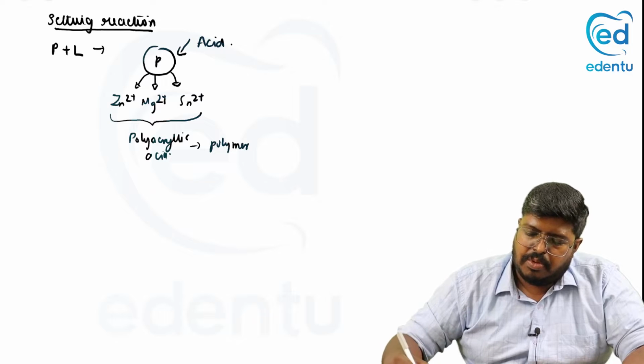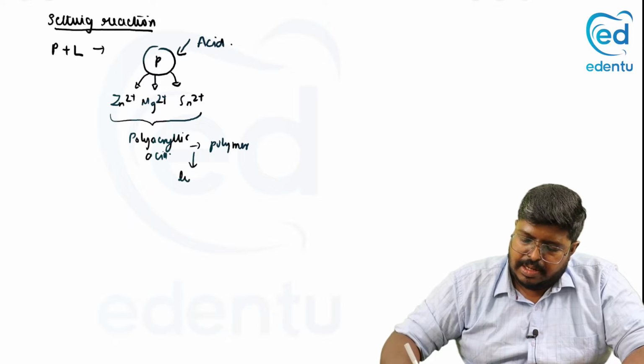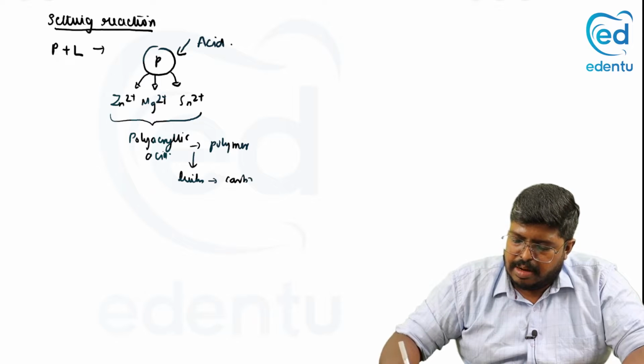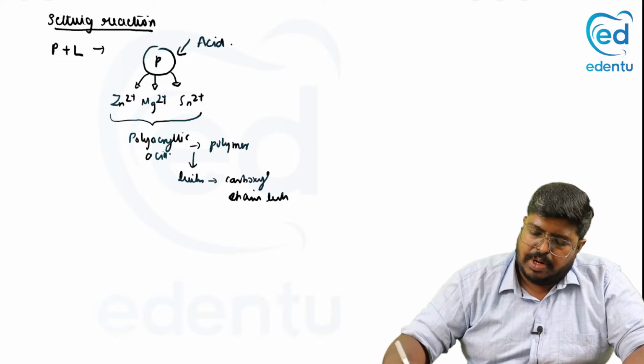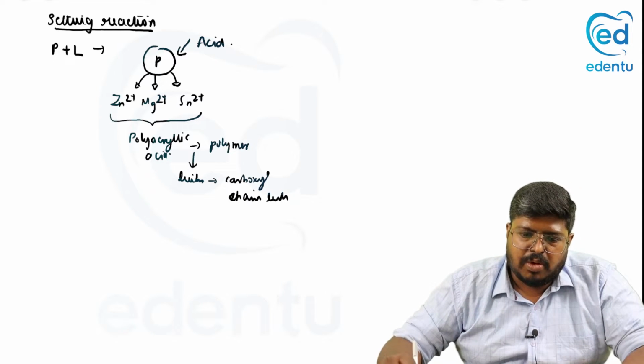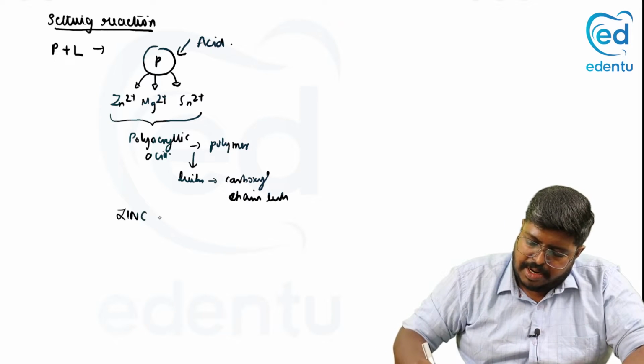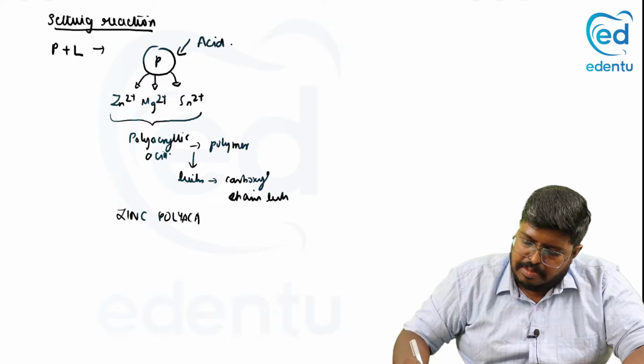Now how is the polymer formed? By producing links. Okay, and this link is called the carboxyl link, the carboxyl chain link. So you will have a set amount of zinc polyacrylate. The final verdict will be that you are getting a salt which is zinc polyacrylate.